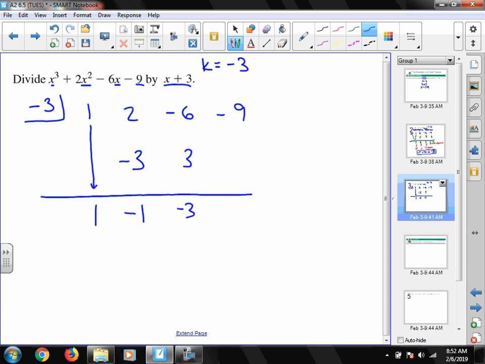Negative 3 times a negative 3 gives me a positive 9. Negative 9 plus 9 gives me 0. So I box off my 0. That's my remainder again. Which means negative 3 is my constant.